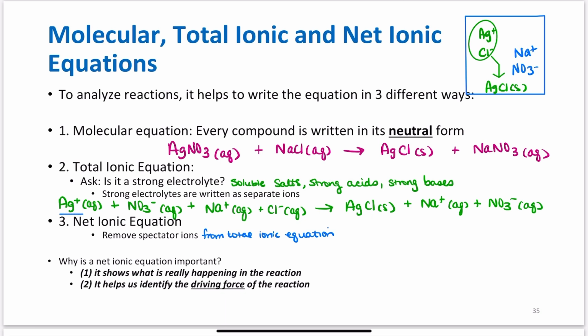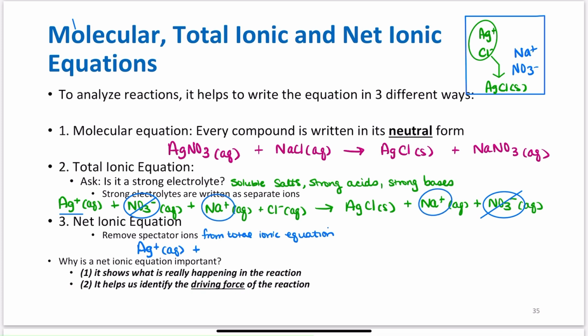Do I have silver plus on the other side? No, I do not. So it must not be a spectator. So I'm going to go ahead and write Ag+ aqueous down here. I then see nitrate and I ask, is nitrate on the other side of the reaction? Absolutely. That is a spectator. So I'm going to go ahead and cross that out. I'm not going to put that in my net ionic equation.